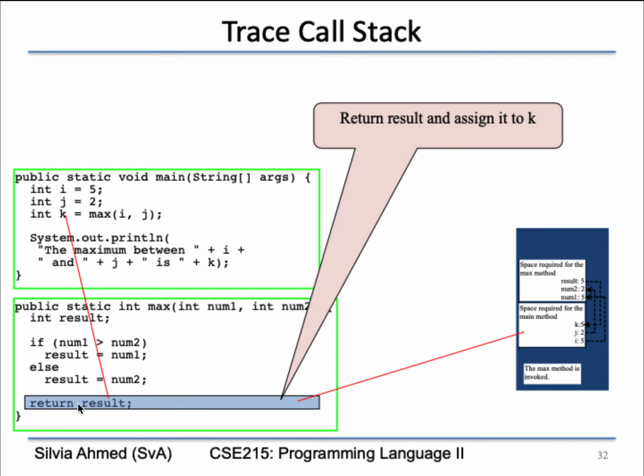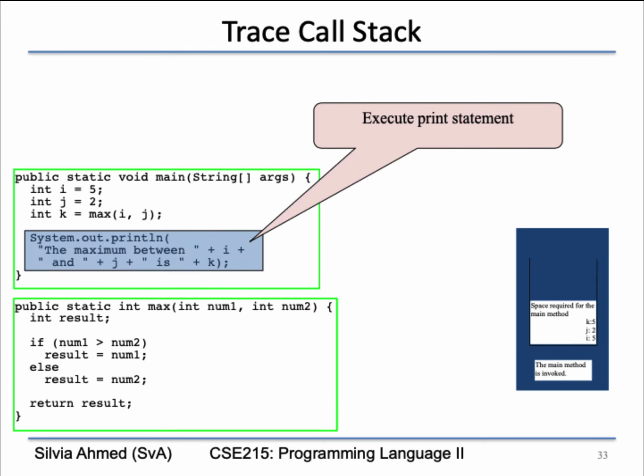So when we return from this method, that means we are getting out of this method in the computer or in the memory. Actually, what happens is we declare this space as empty again. That means we can put other stuff here if necessary, and we go back to the next item in the stack.